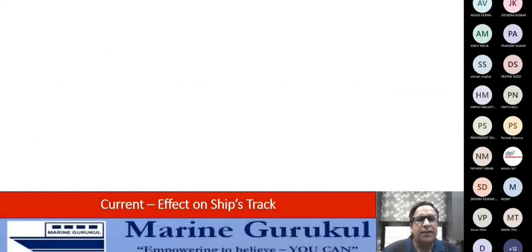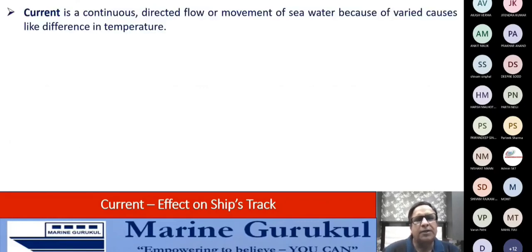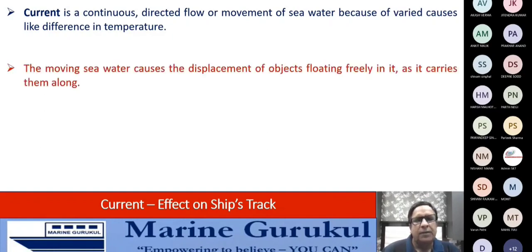Now let's understand the effect of current on the ship's track. What is current? Current is a continuous directed flow or movement of seawater because of varied causes like difference in temperature, difference in salinity, etc. Moving seawater causes the displacement of objects floating in it as it carries them along.